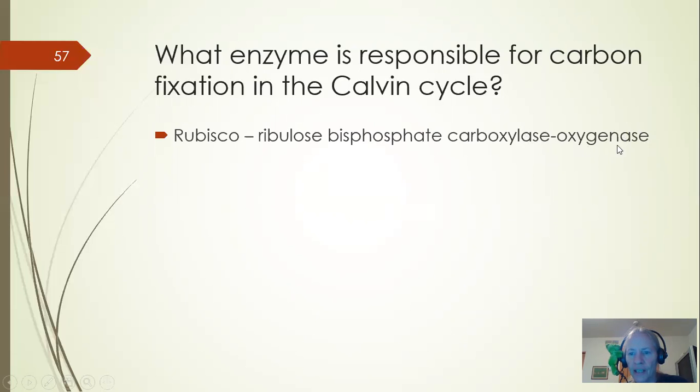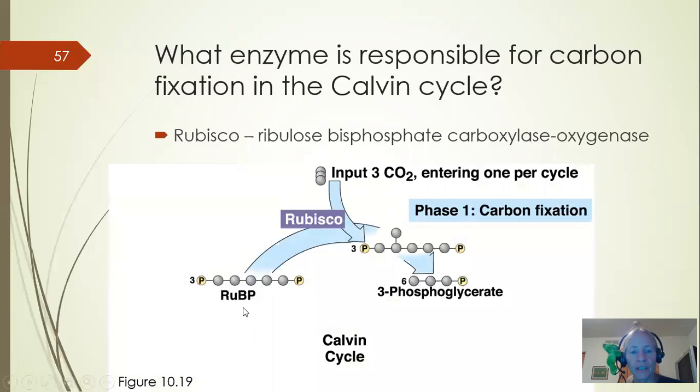It's carboxylase oxygenase. And you'll notice that the beginning of the enzyme name starts with the name of the substrate it acts on, ribulose bisphosphate. We can see this in the first phase of the Calvin cycle, where Rubisco is the enzyme that catalyzes the addition of a carbon dioxide to ribulose bisphosphate.